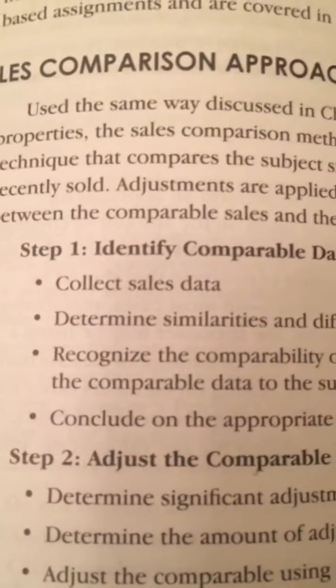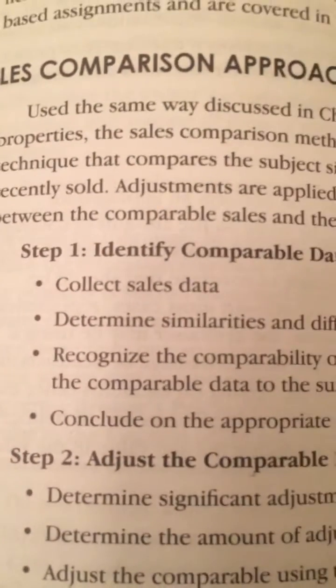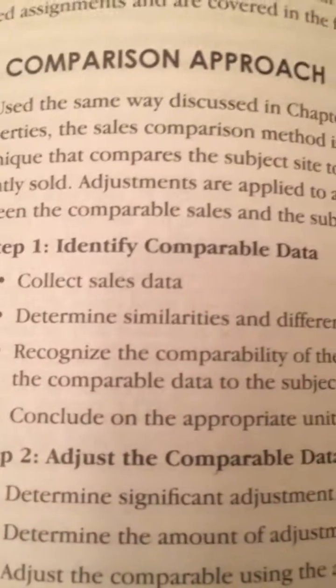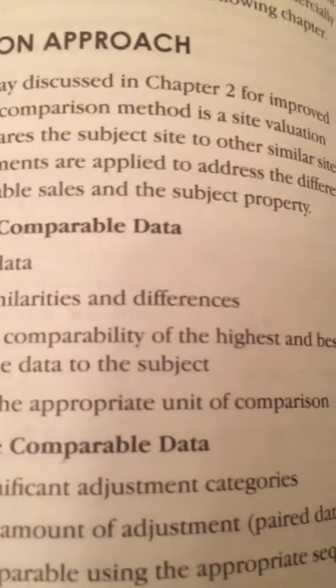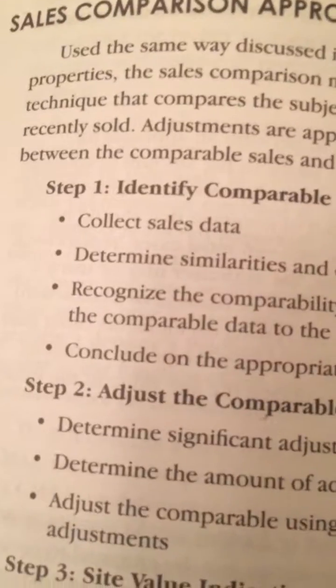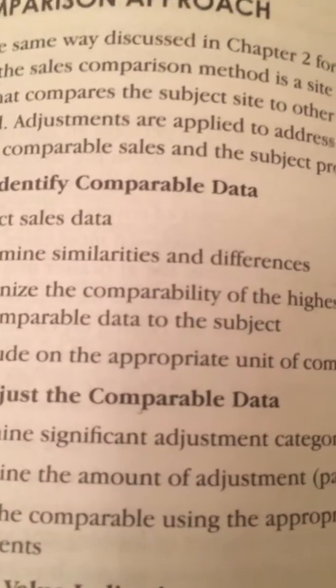Step 1. Identify comparable data. Collect sales data. Determine similarities and differences. Recognize the comparability of the highest and best use of the comparable data to the subject. Conclude on the appropriate unit of comparison.